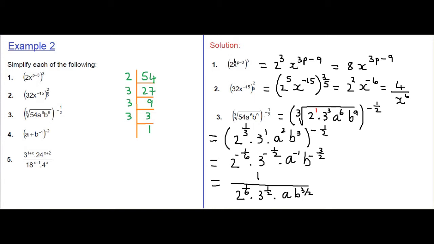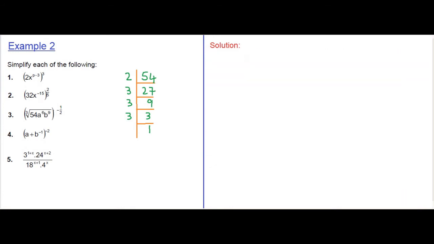Let's now look at number 4. Once again, we can't apply the power outside the brackets across a plus. So we're going to first have to simplify inside the brackets.